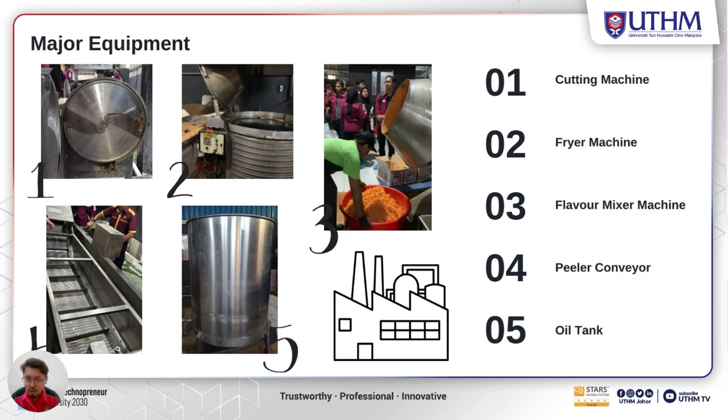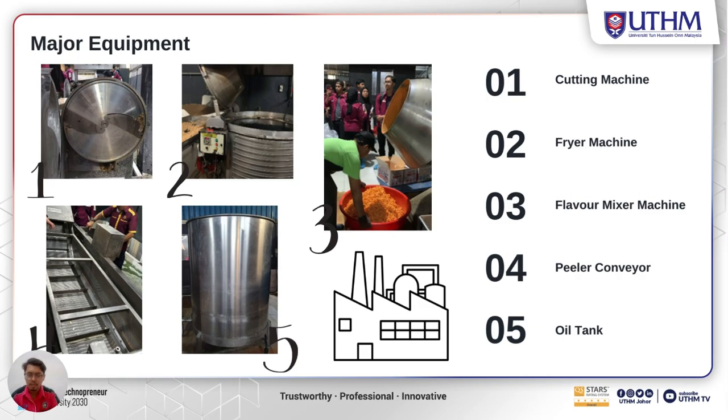Number two is the fryer machine, where after processing the raw material, it will be fried in this machine. After frying, it will be transferred to the flavor mixer machine, which is machine number three in this figure, to flavor the chips.